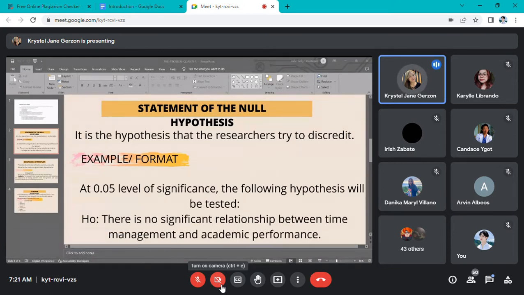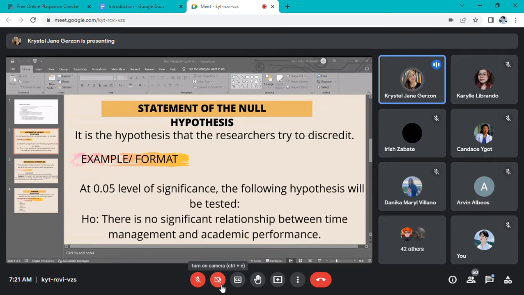Simple as that. Now again, the null hypothesis is a negation, meaning it is the opposite of the assumption. So instead of saying that there is a significant relationship between this variable and that variable, you insert a no: there is no significant relationship between time management and academic performance. Simple as that.